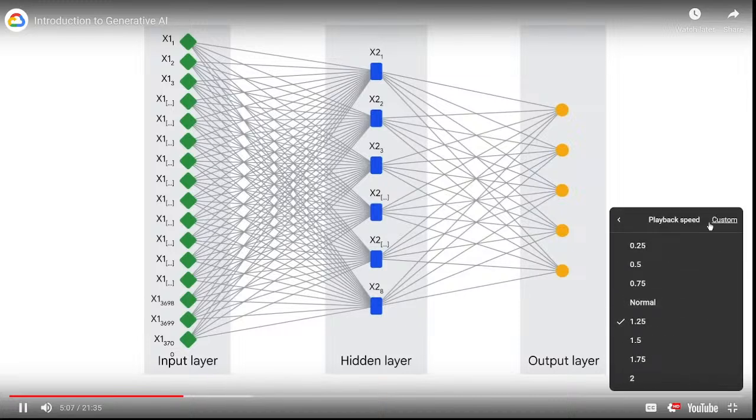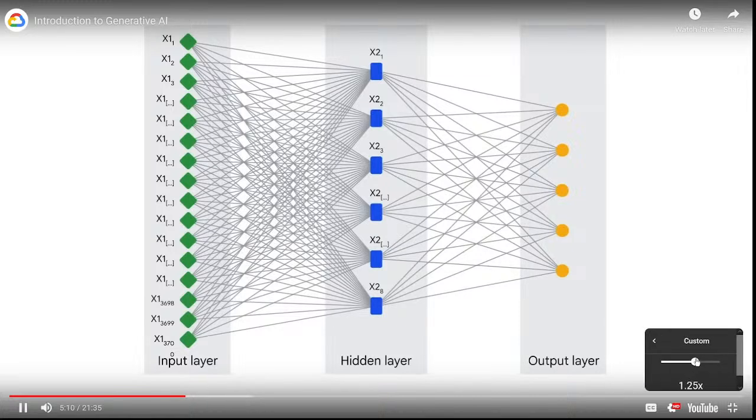The labeled data helps the neural network to learn the basic concepts of the task, while the unlabeled data helps the neural network to generalize to new examples.